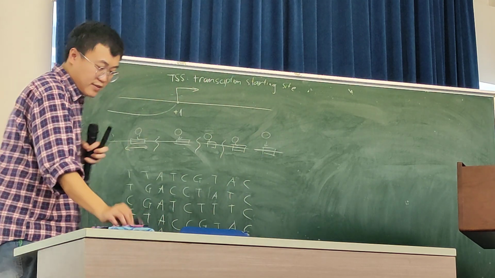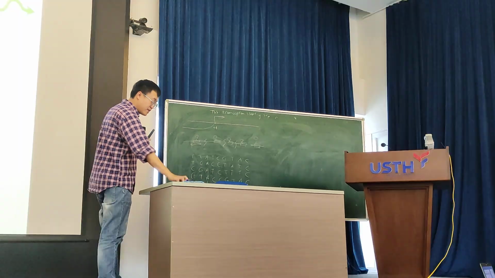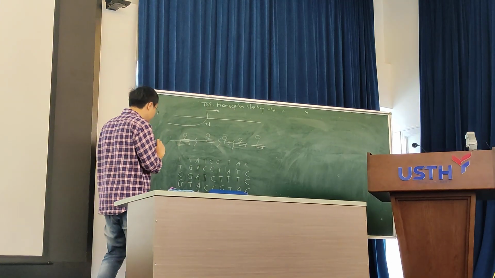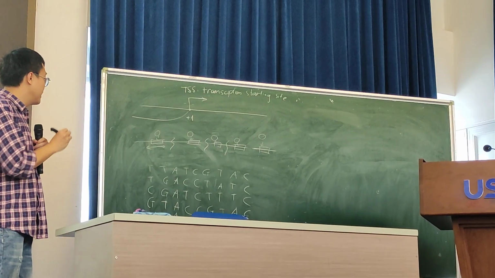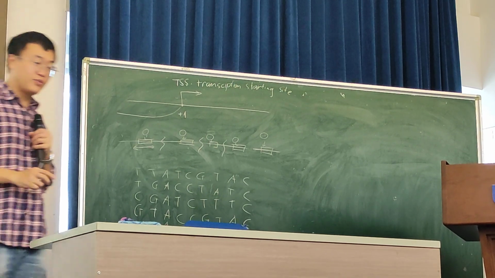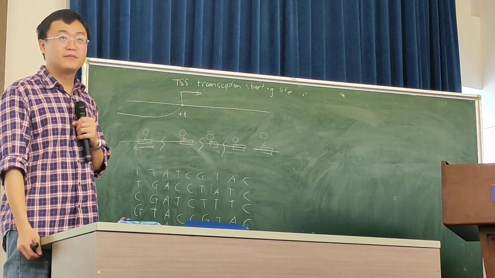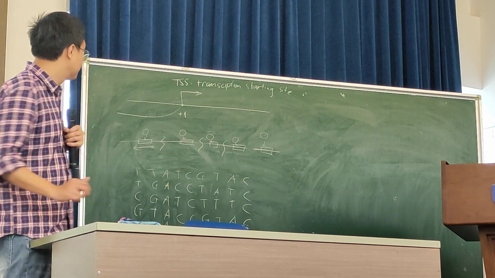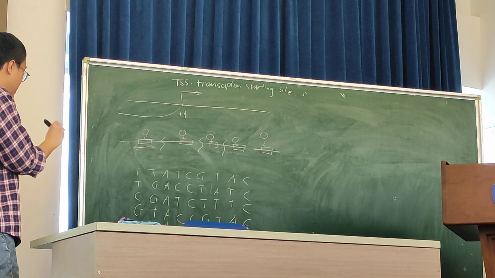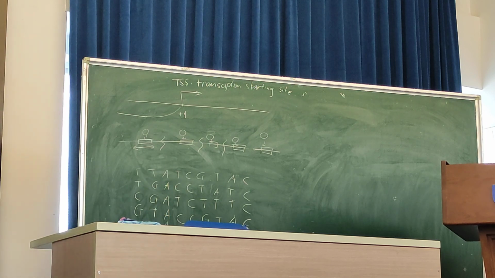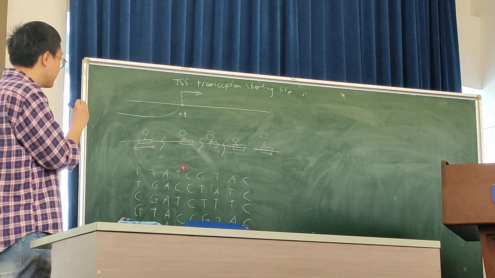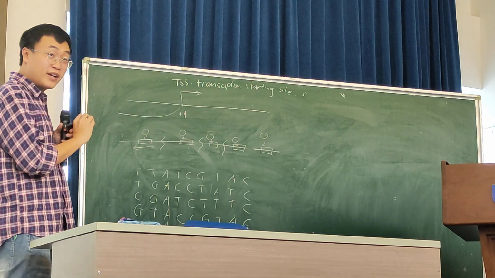So with a result like this, please identify for me which nucleotide is the most important nucleotide to recognize a promoter. A at this position, okay? C, and C, right?